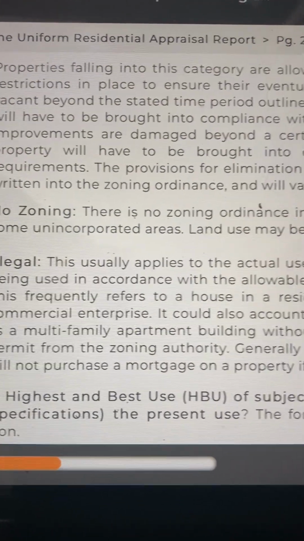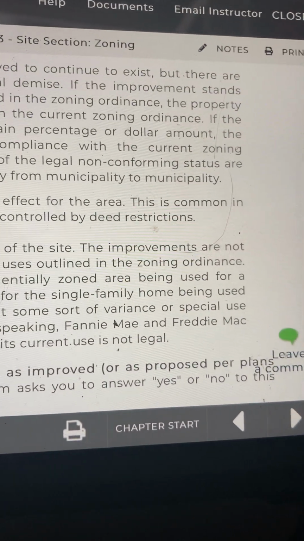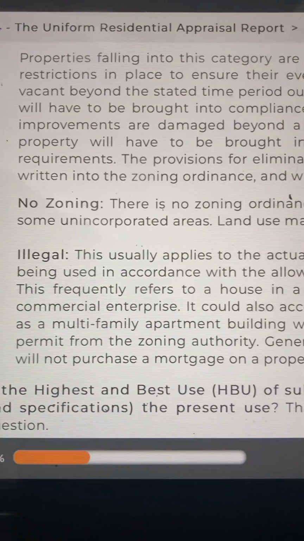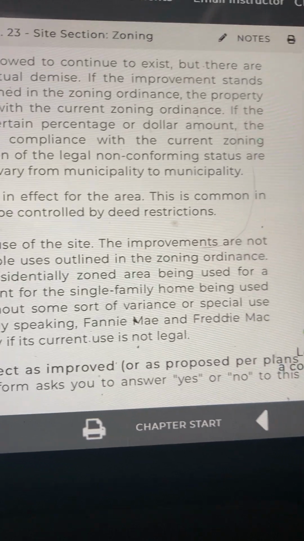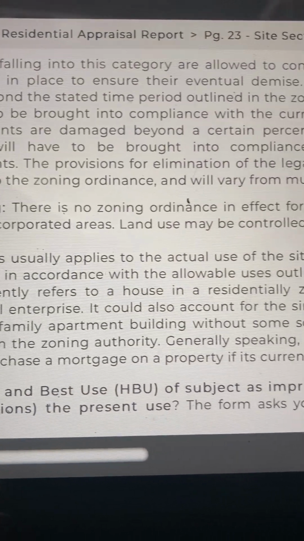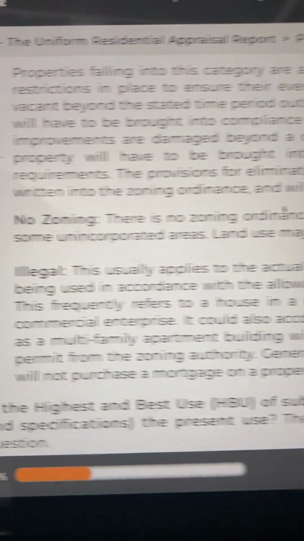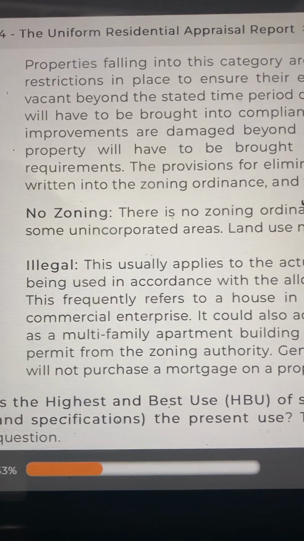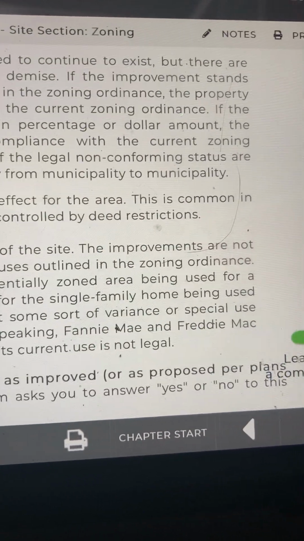Properties falling into this category are allowed to continue to exist, but there are restrictions in place to ensure their eventual demise. If the improvement stands vacant beyond the stated time period outlined in the zoning ordinance, the property will have to be brought into compliance with the current zoning ordinance.